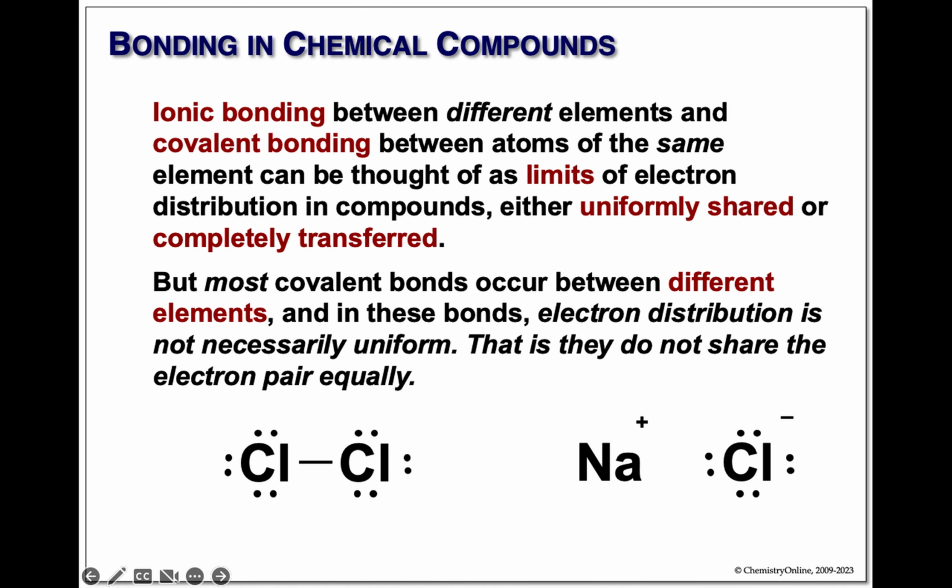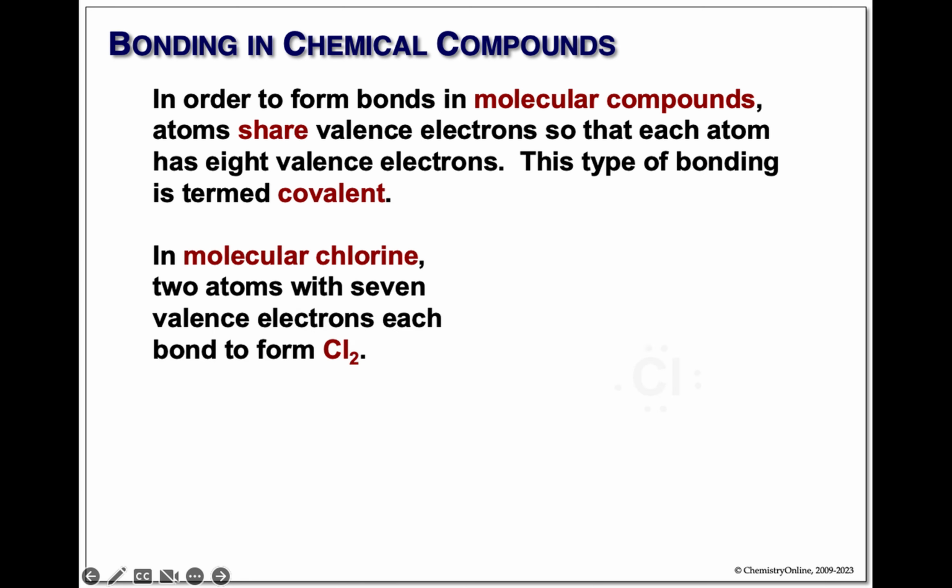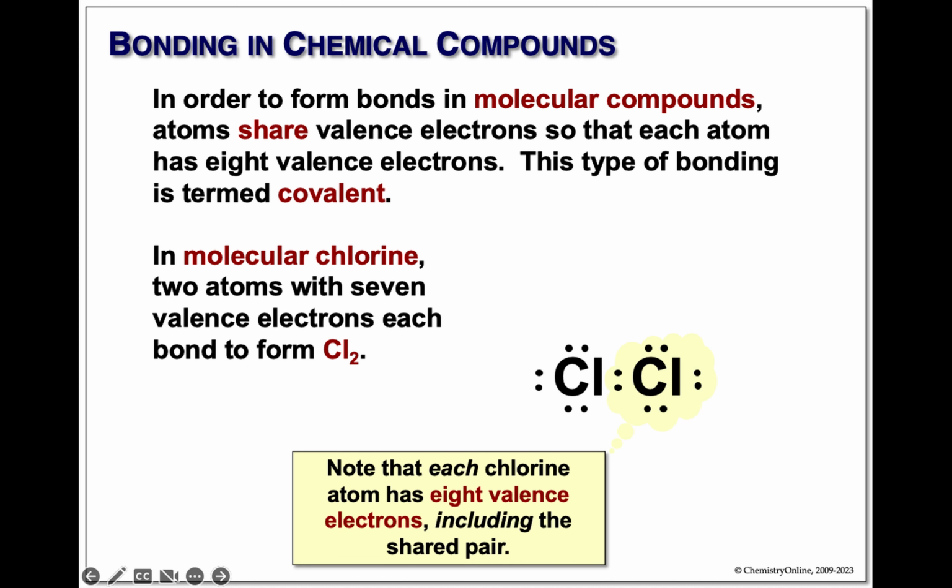Let's look at what we said about simple covalent bonding. If we're going to make Cl2, here we have chlorine, group 7, valence electrons. We would bring another chlorine up to it so that we could share these two electrons between the two atoms.